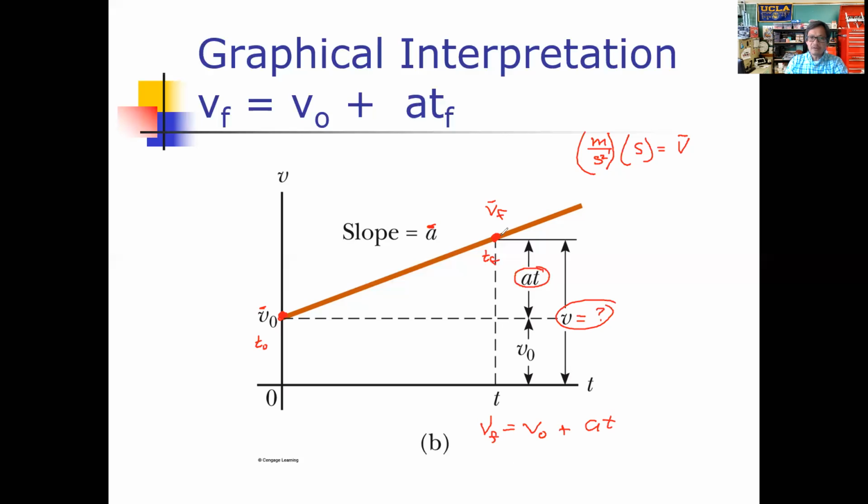So to get this final velocity from the graph, we need to get this distance here, v initial, and add it to this velocity here, the velocity that is obtained as you go from v initial to v final. Again, a times t is acceleration times time, which is going to give you velocity. And so you can add that together, then you obtain this formula here, which we've been using up until this point.